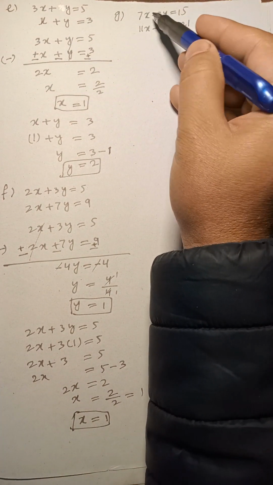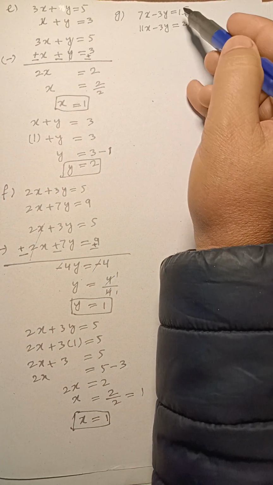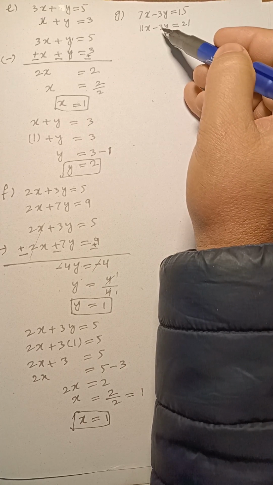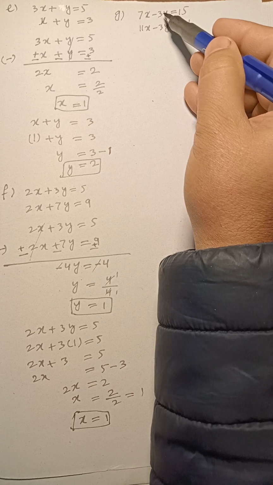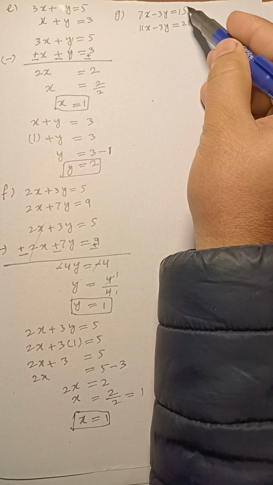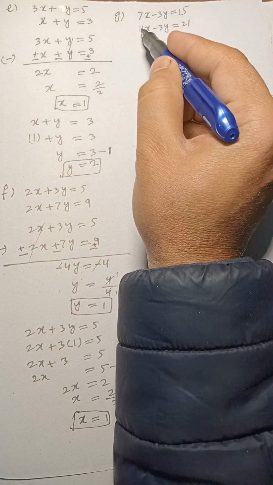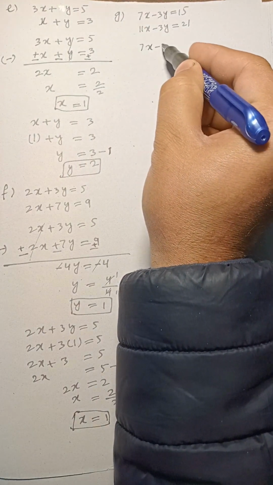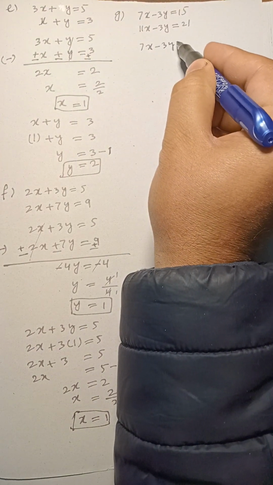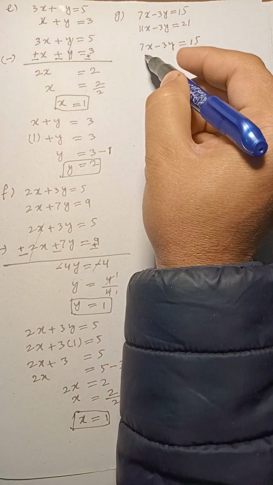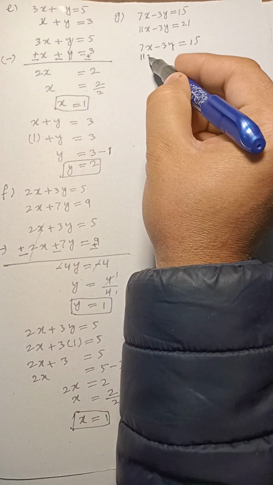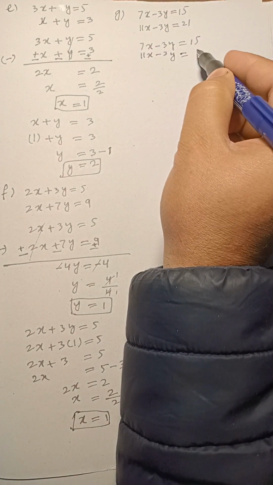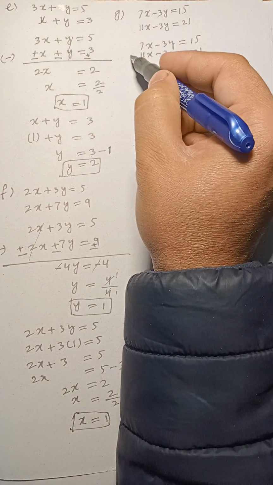See here, 7x and 11x are different, and minus 3y and minus 3y, these are the same but carry the same sign. We should have different signs in the other term. Then we need to subtract these. 7x minus 3y is equal to 15, and 11x minus 3y is equal to 21.